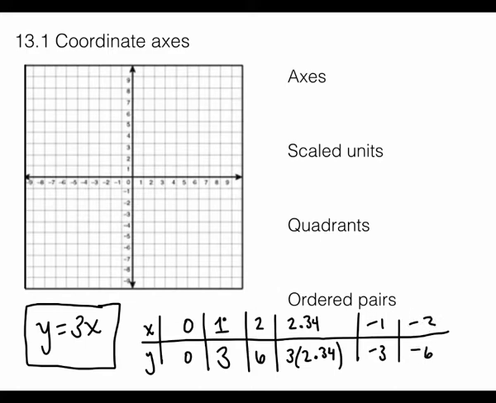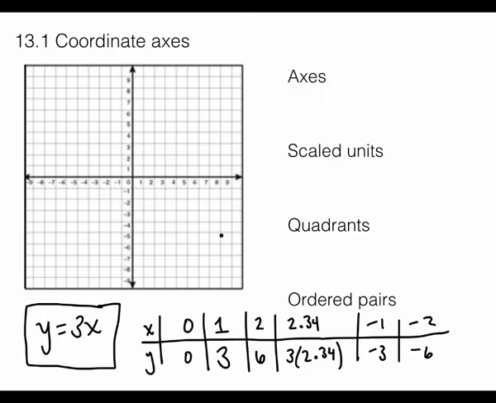Okay, so what each of these columns in this table represent are the relationship between values of x and values of y. So 2 pieces of information that we can now capture simultaneously using just one ordered pair, 1 point on a graph.